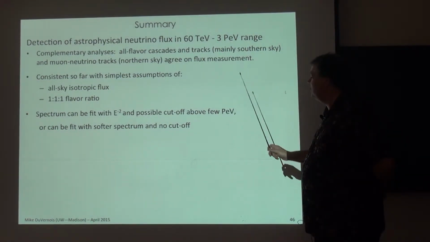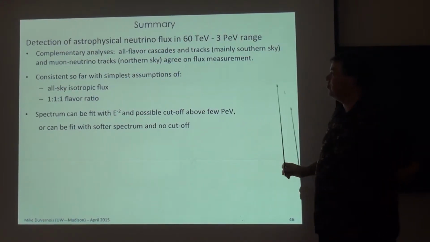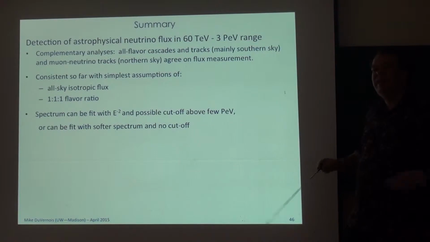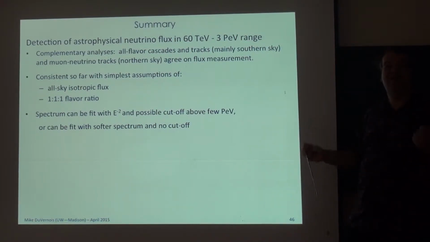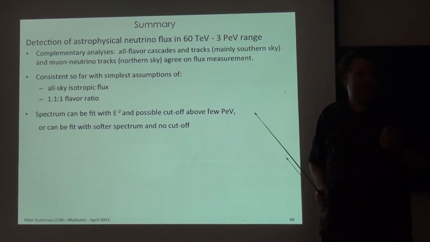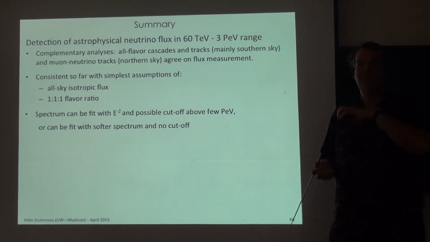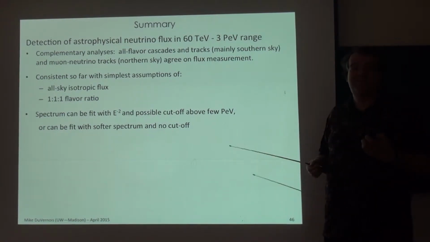Separating the cascades and the tracks, mainly from the southern sky, and then all of the tracks from the northern sky, independently, the fluxes agree, and everything is consistent with isotropic. The northern and southern skies are the same, and there are no hot spots.